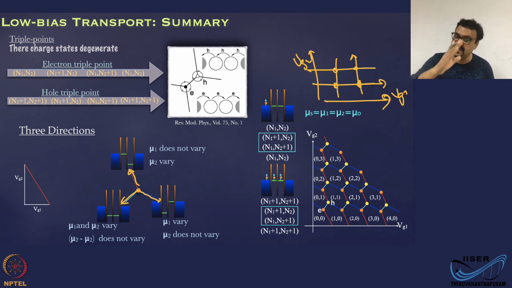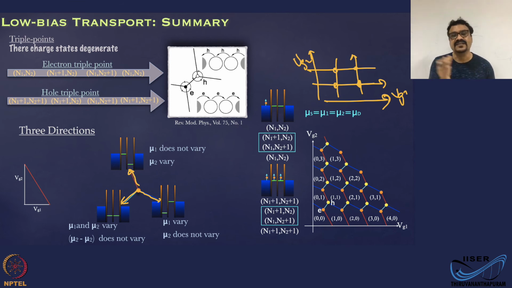So the upward direction at this angle is making the voltage on dot 2 positive, but making the voltage VG1 at dot 1 negative. That means whatever you are going to induce on dot 1 by dot 2 needs to be compensated to keep that level steady. If you go straight up on VG2, then you will vary both dot 1 and dot 2. So the degeneracy lines for individual dots are now tilted.